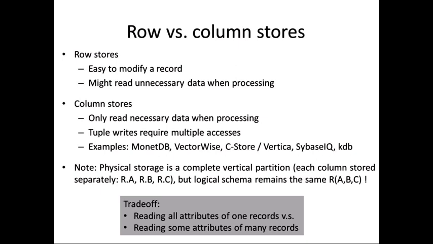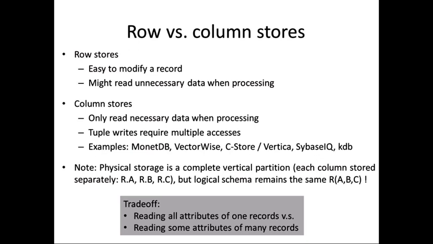We only read the necessary data that is required for that processing, while record writes may require multiple accesses, because for a single record we have to write different attributes in different places. So column stores are optimized for reading and in particular for analytical processing, while row stores are optimized for read-write operations that touch a few records.